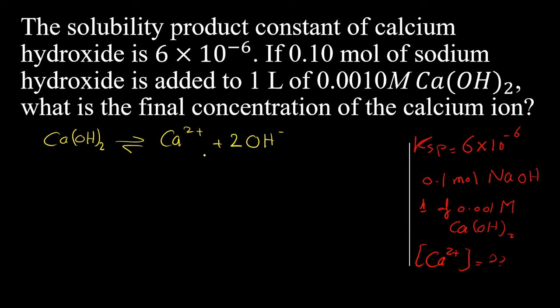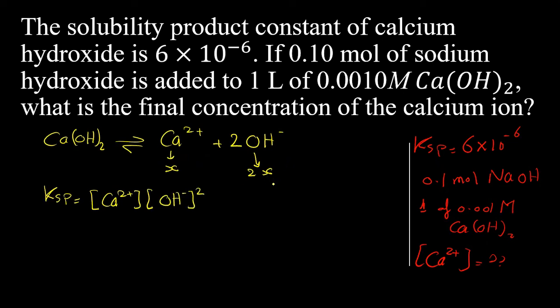After that, you refer for each one by X. So here, the calcium by X, and the hydroxide with 2X because you have 2. After that, I will write the Ksp equal to the concentration of calcium multiplied by the concentration of hydroxide raised to the power 2.